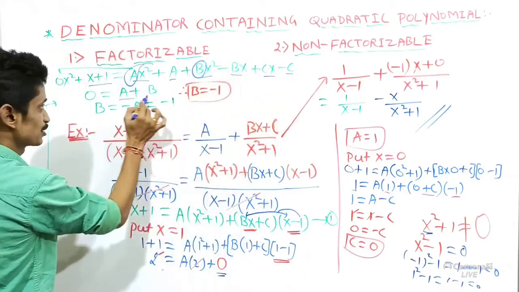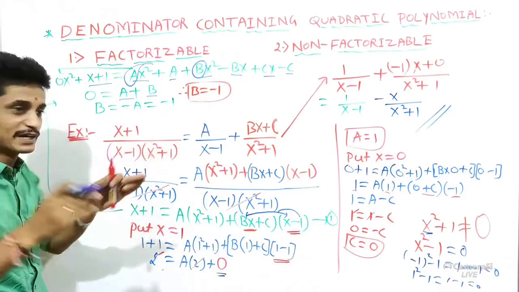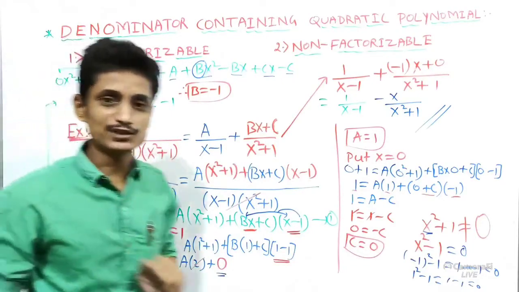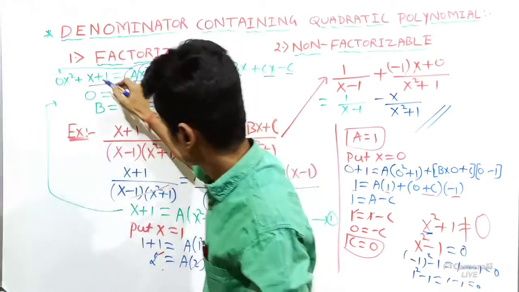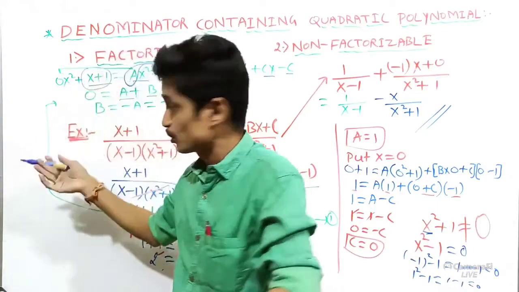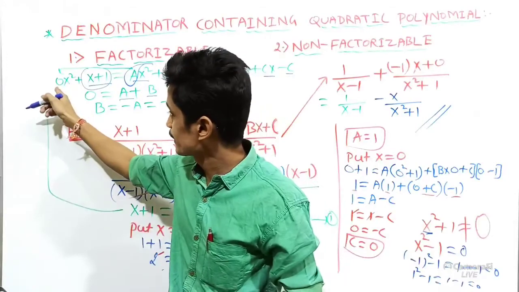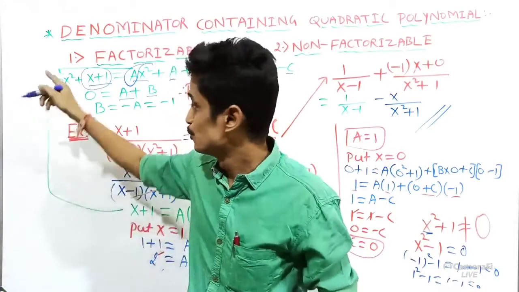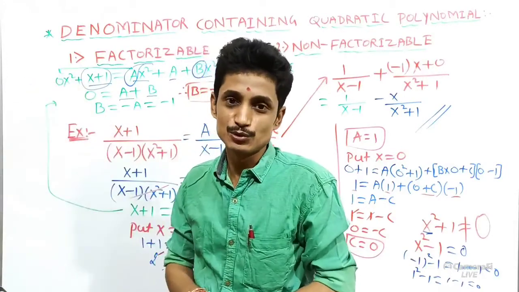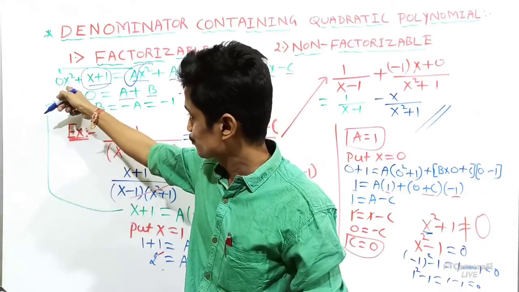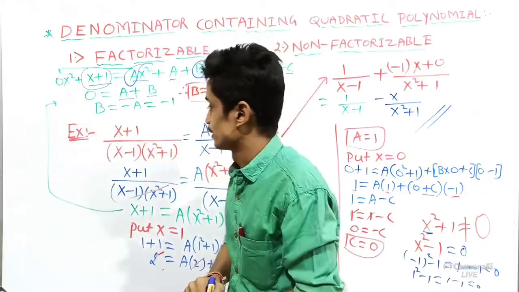So I wrote a plus b. In the same way, on the LHS side I also need the x square coefficient. But in this x plus 1, I don't have any x square term. That's why I take the coefficient as 0. Multiplier 0, 0 into anything should be 0. That's why I wrote 0 into x square.